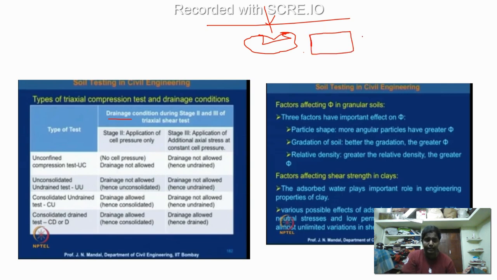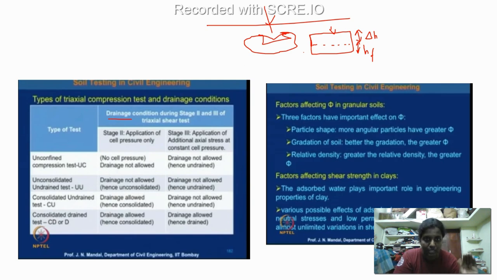So this is the original height of the soil. When you apply load, it is going to decrease in thickness. This is going to be the final height, and this difference is delta H, which we call settlement. The water from the pores will be expelled and the soil will decrease in thickness.